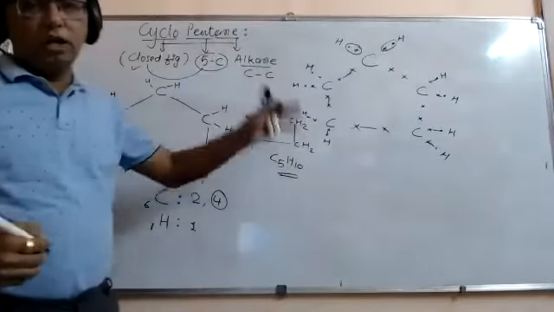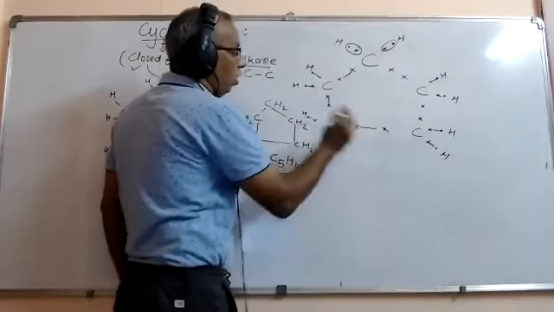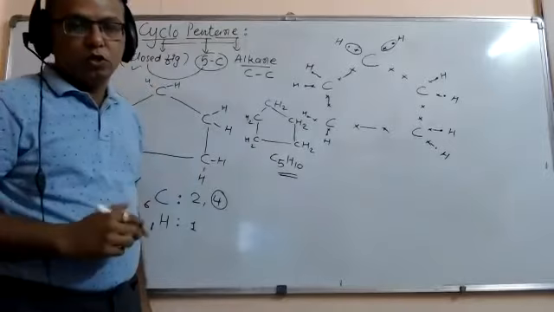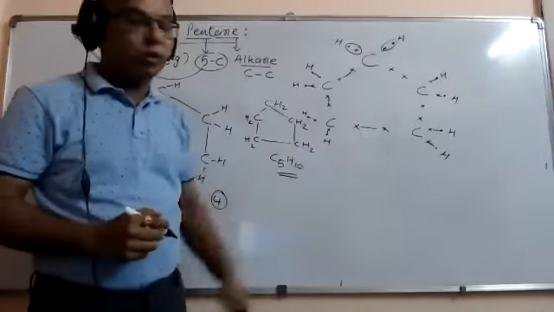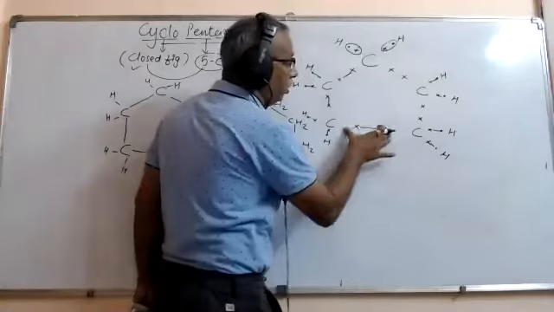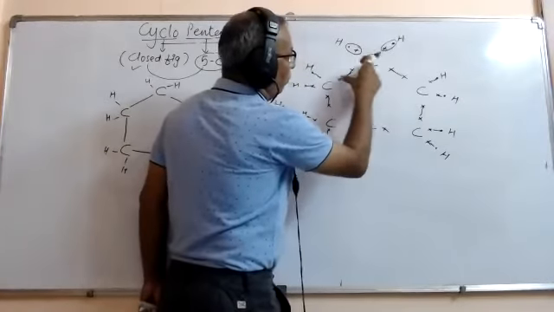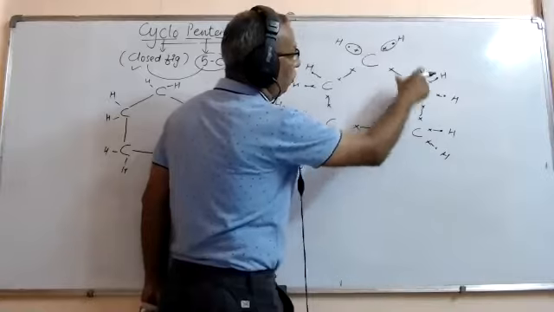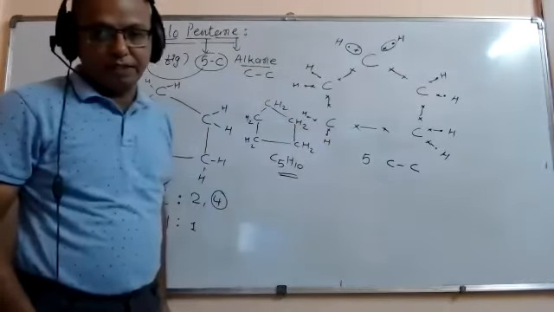So this is called the dot structure. Each bond you can see consists of two electrons. So two electrons can make one bond, and in cyclopentane you can see, friends, there are 1, 2, 3, 4, 5. I repeat, 1, 2, 3, 4, 5. So total 5 CC bonds are present.